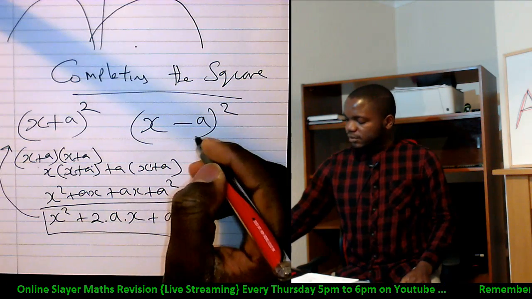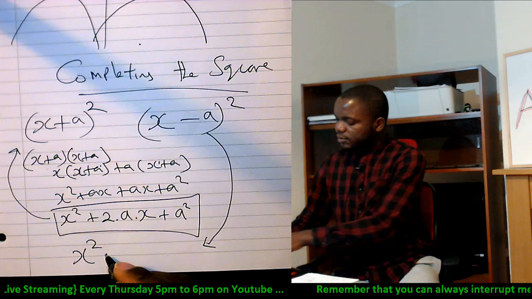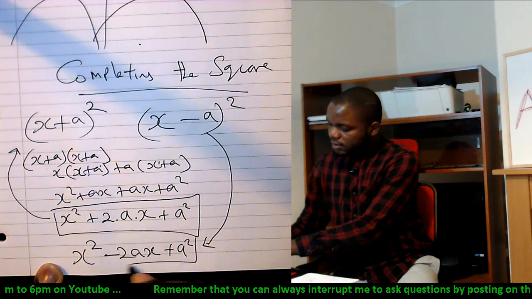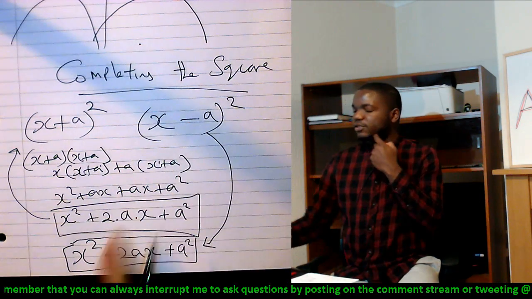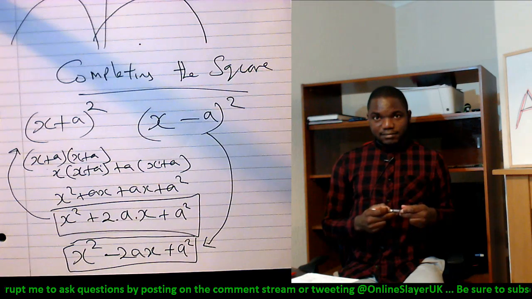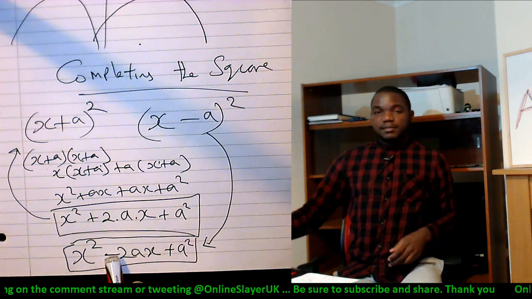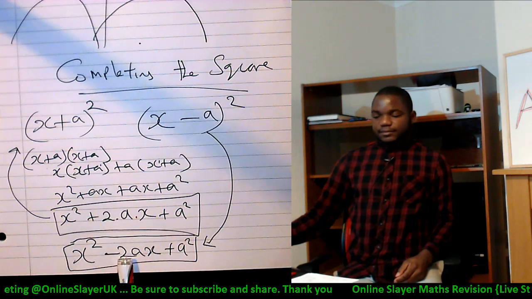If you do this one, you're going to get x squared minus 2ax plus a squared. So you can confirm that by expanding this like I just did here. You see it's correct. Do it now, don't wait. You'll see that it's the same thing as this one. So the only difference is that this is a plus and this is a minus.